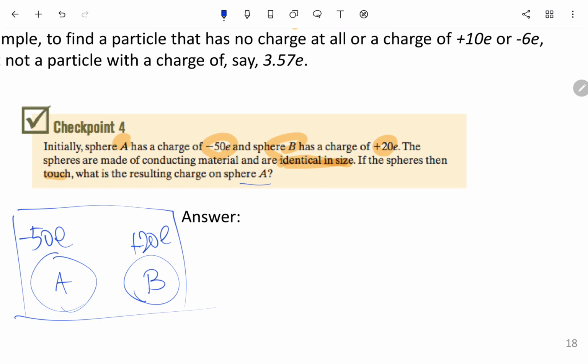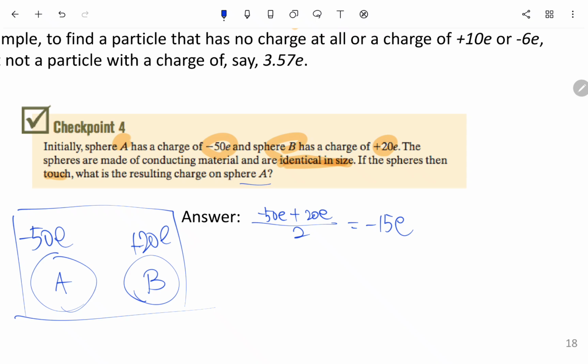Okay. So actually the answer will be the average of these two. So it will be negative 50e plus 20e, and then all over 2. So it will be negative 30e over 2, which will be negative 15e.